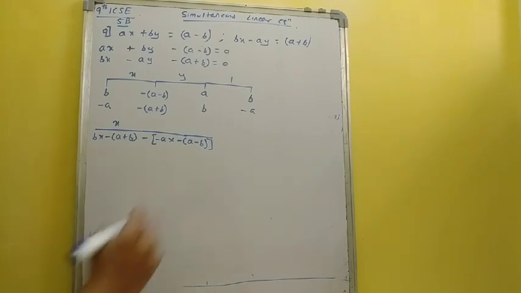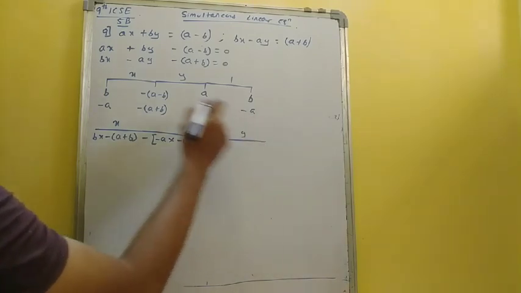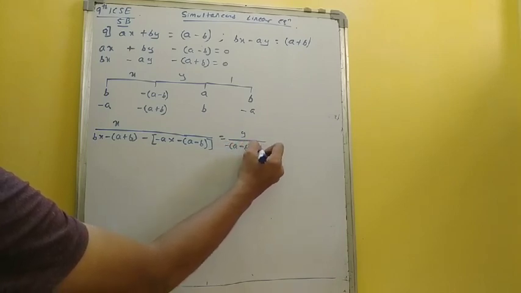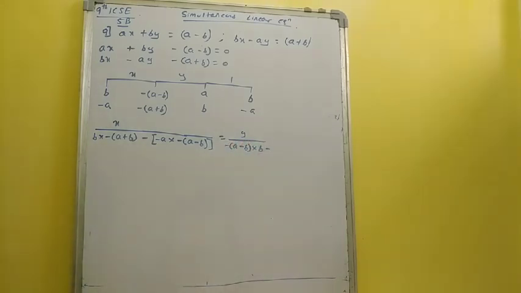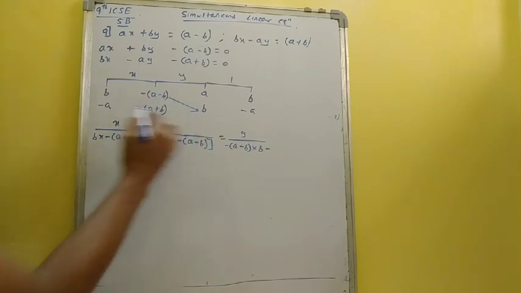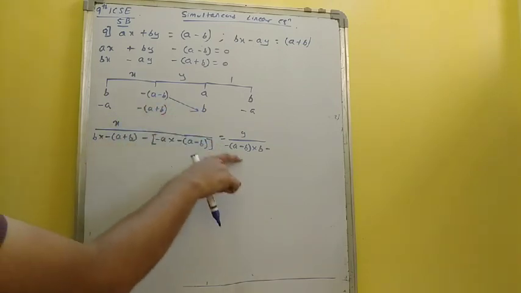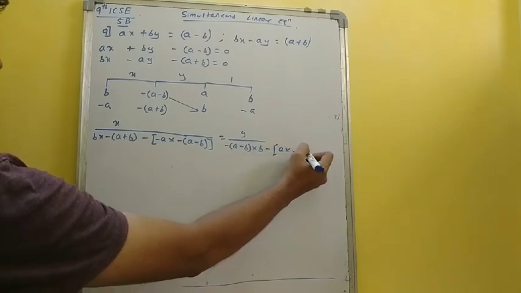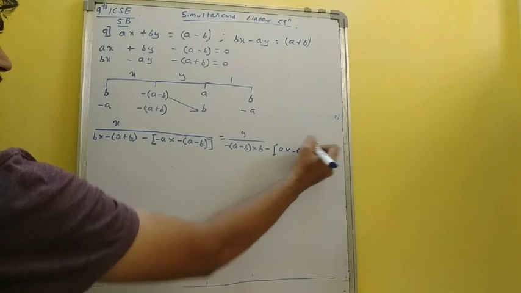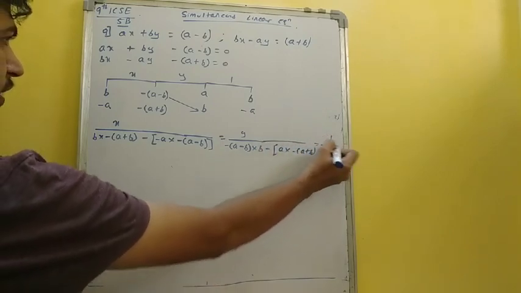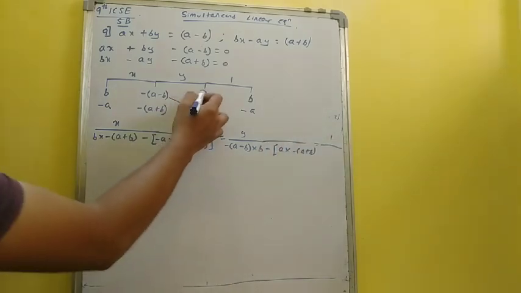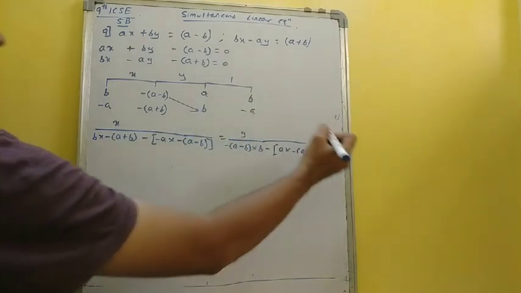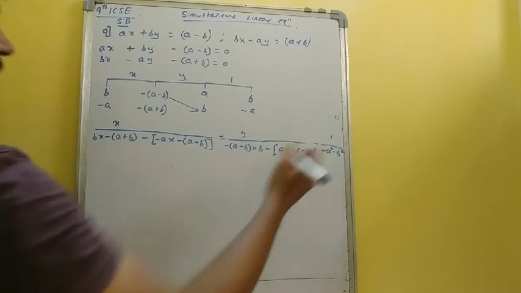Okay, y upon minus a minus b multiplied by b minus, this multiplied by this, minus a multiplied by minus a plus b, is equal to 1 upon, for the constant part, a into a, it is minus a square minus b square.